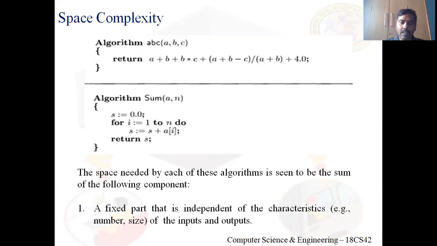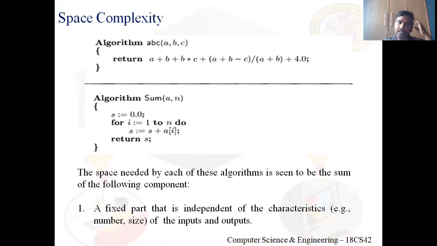In the second run, if I give 50 array elements, the memory required is 3 plus 50. In the third run, if I give 100 elements, it is 3 plus 100 units of memory. So in general, for the second algorithm, the space occupied is 3 plus n units of memory, where n is the number of elements in the array in that particular run.